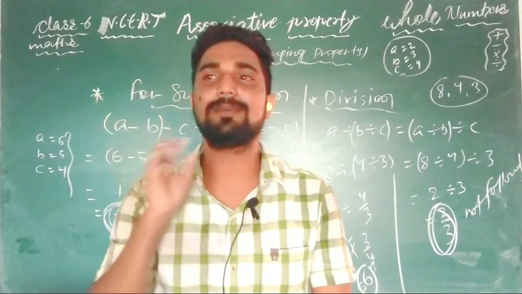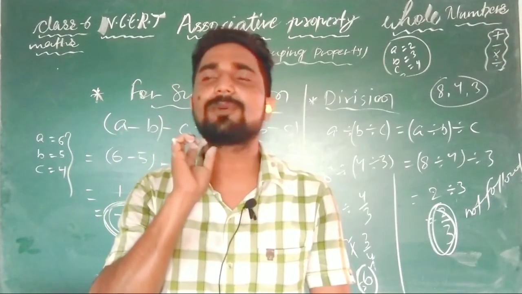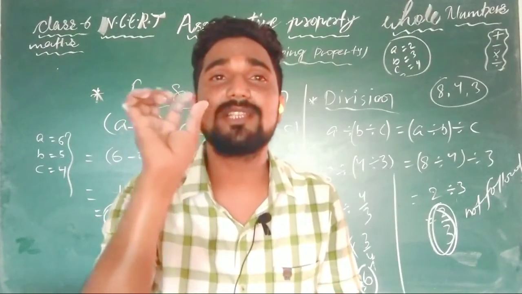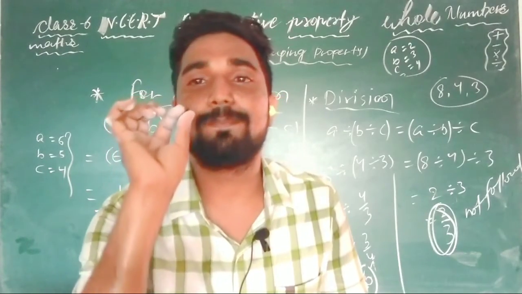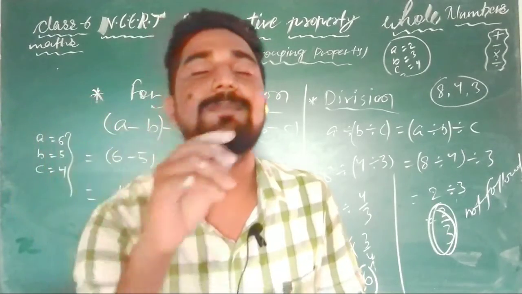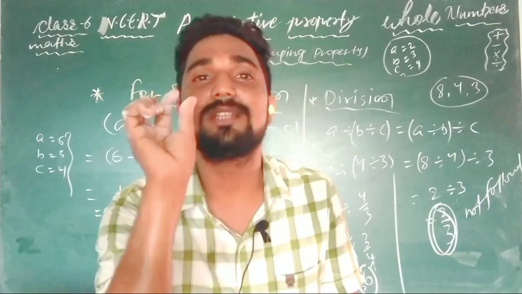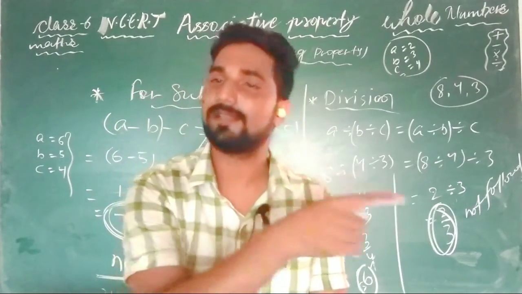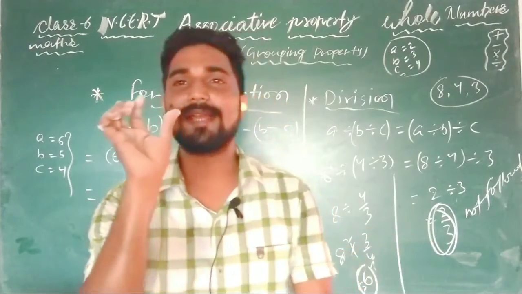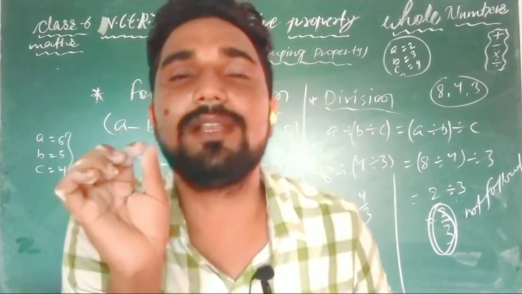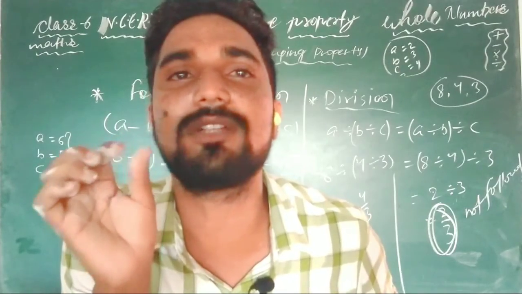People will understand it is for addition because sum means the result you get after adding the numbers. So for addition, when we change the group, the sum remains constant or fixed.